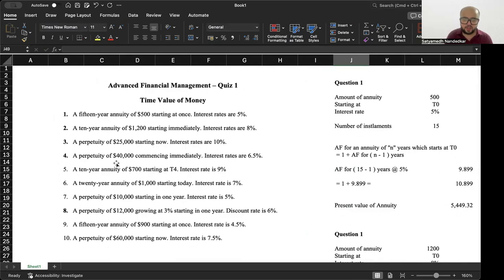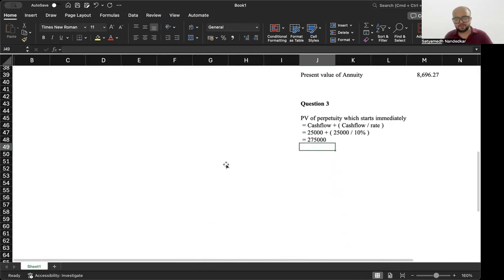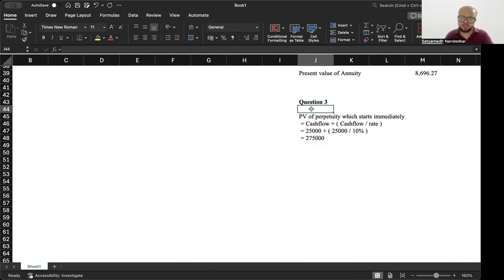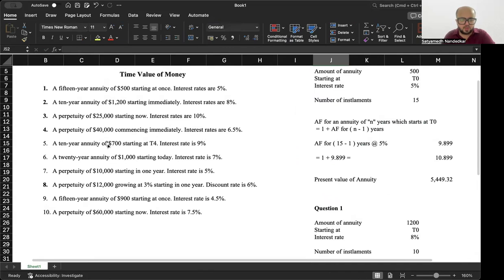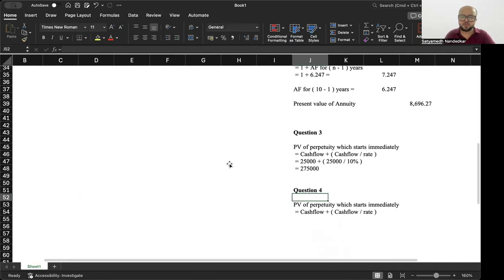Then perpetuity of 40,000 commencing immediately, interest rates are 6.5%. Again, present value of perpetuity which starts immediately is cash flow plus cash flow upon rate. So 40,000 plus 40,000 upon 6.5%.